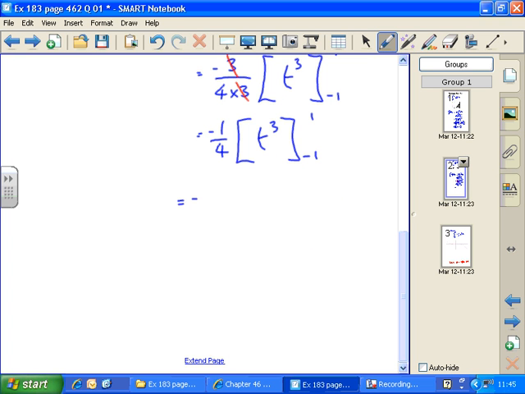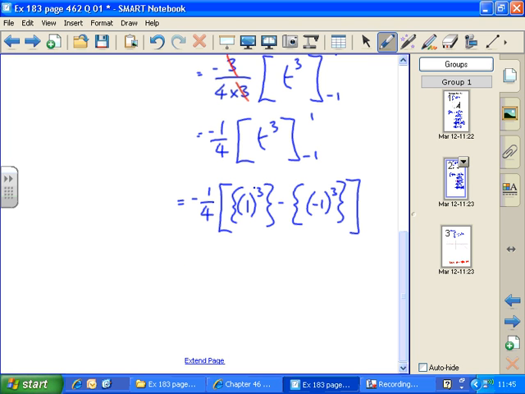So this equals minus 1/4. Now using the convention for putting the limits in, curly bracket, put the top limit in first, 1 cubed, minus, then put the bottom limit in, minus 1 cubed. Just got to be a bit careful with signs here.